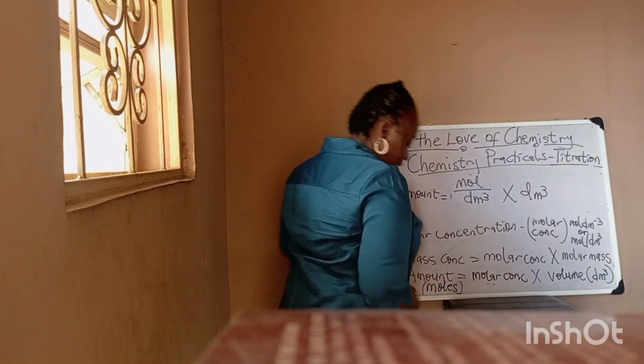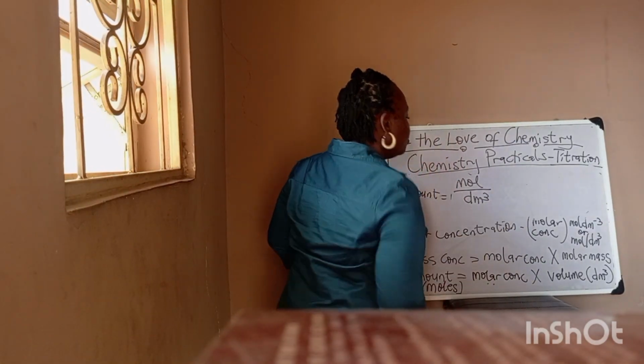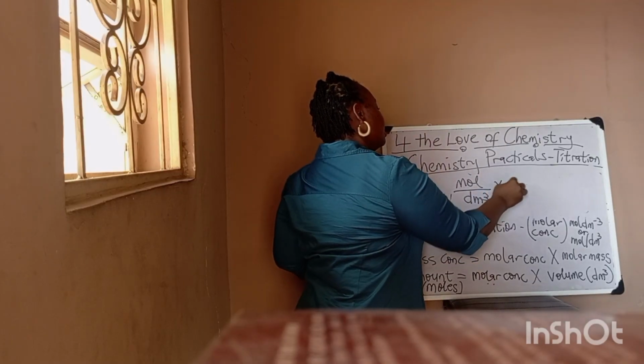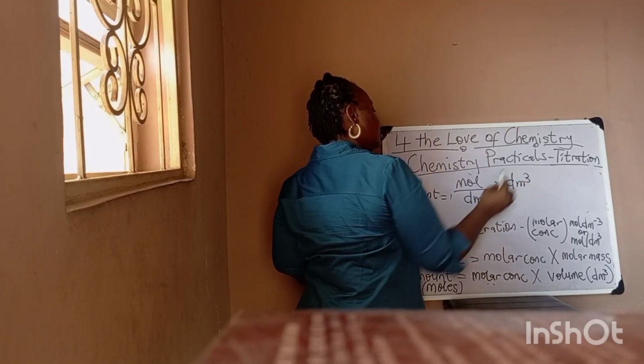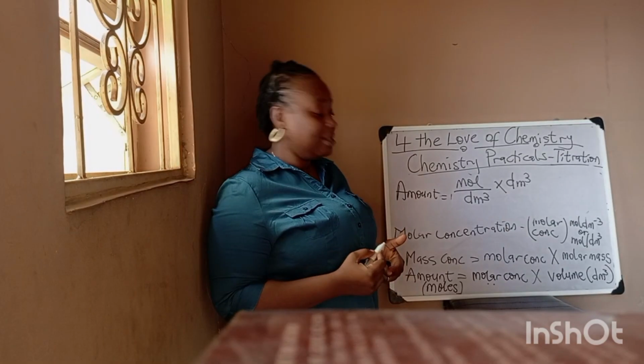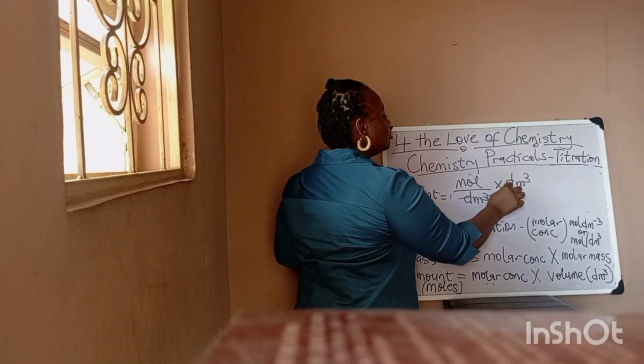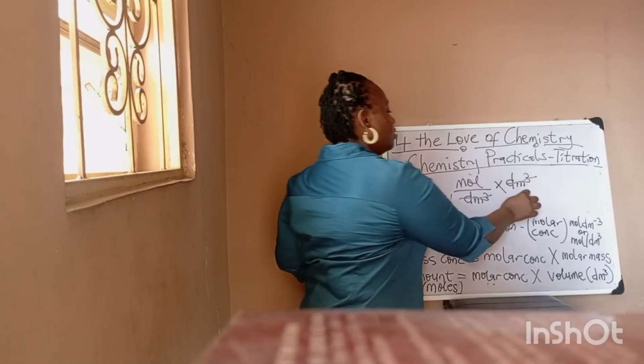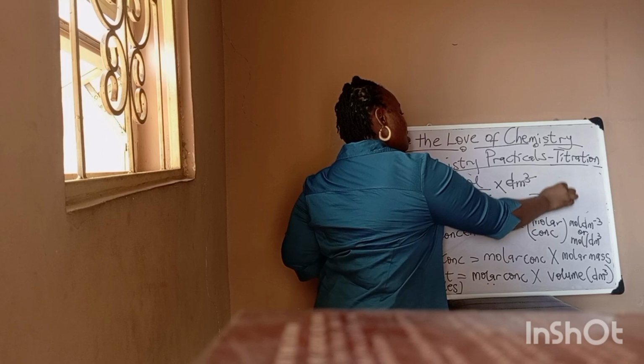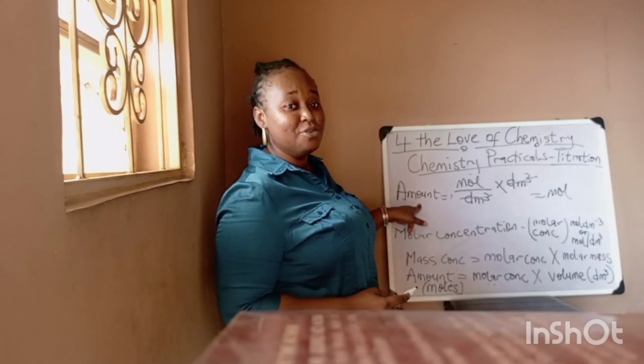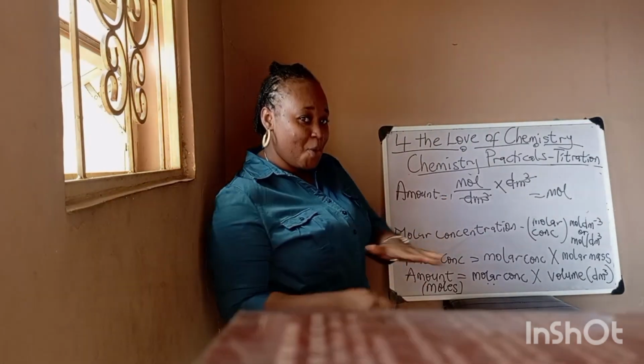If I multiply this, this is what it will look like. So if dm cubed cancels dm cubed, what do you have? You have mole. So the unit of amount is in moles.